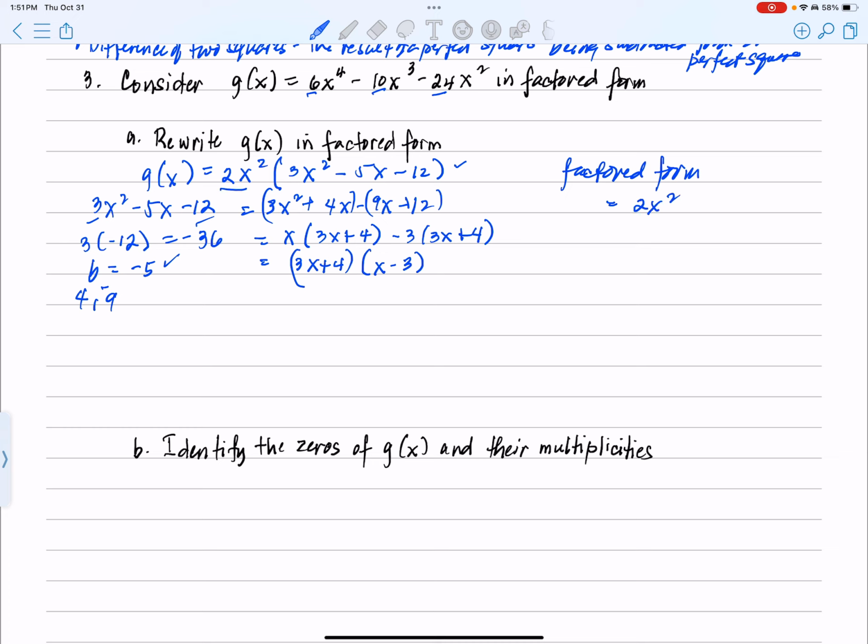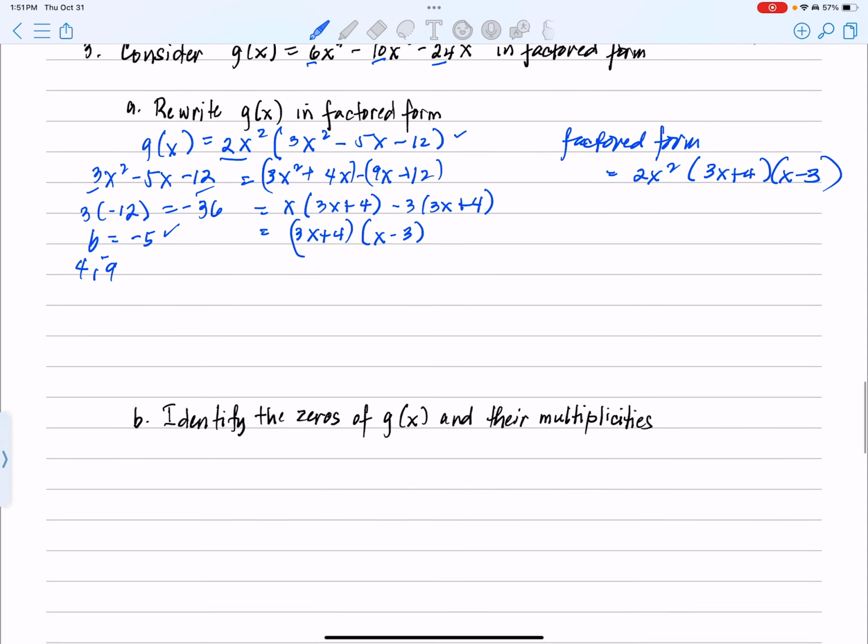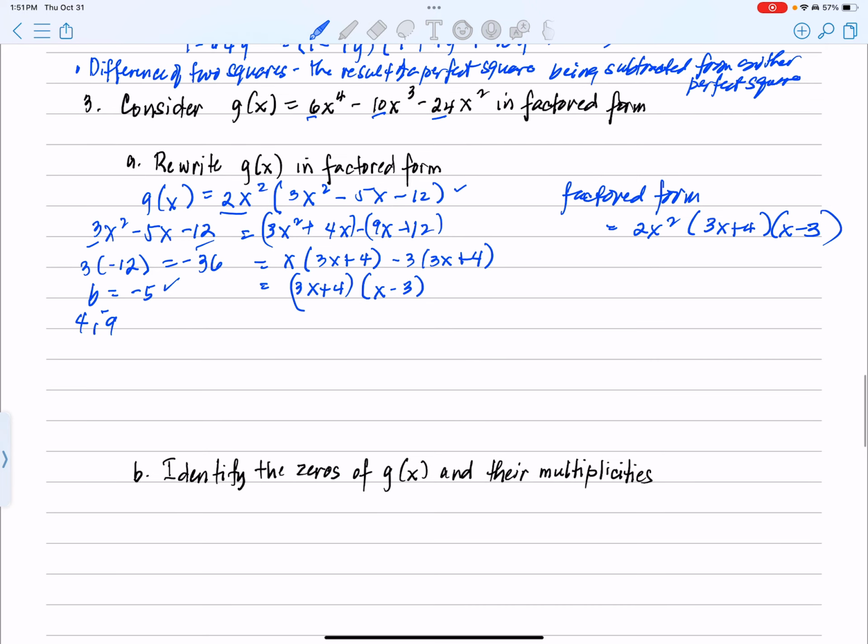Then the other ones are 3x plus 4 and x minus 3. These are the factored form. You can check if you are getting it right by multiplying it back and doing the distributive property. All right.